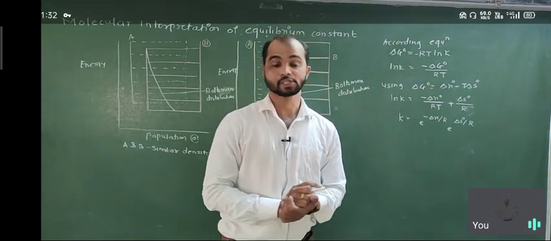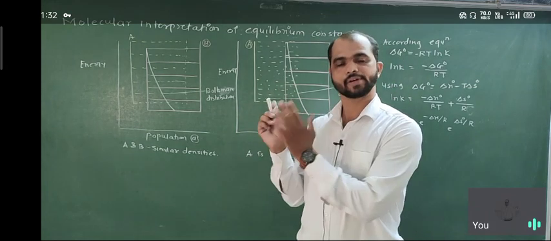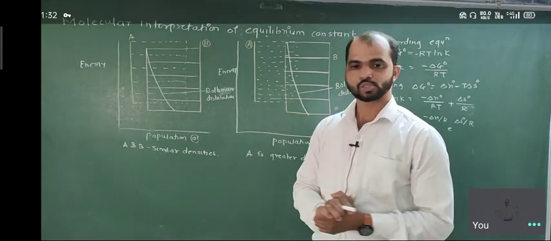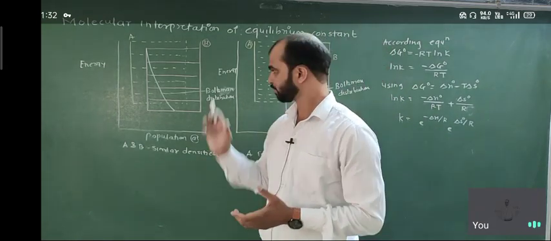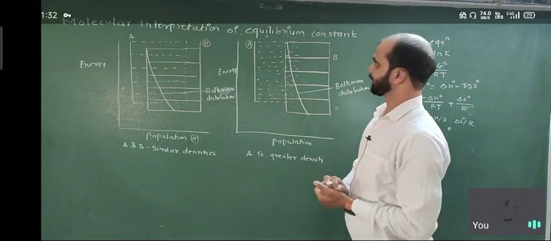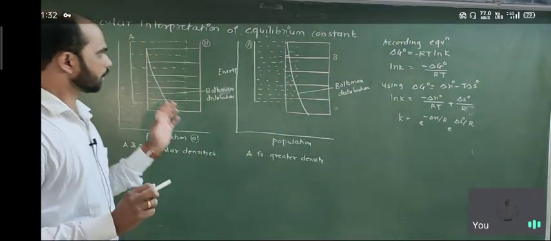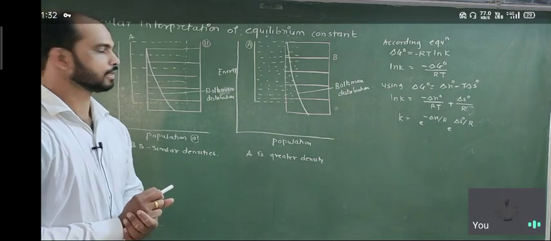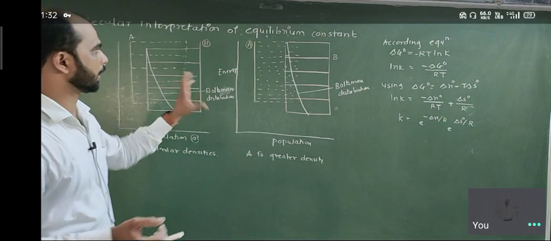The equilibrium point is temperature dependent; it is a function of temperature. So using the Boltzmann distribution concept, we can find the molecular interpretation of the equilibrium constant. The molecules are distributed over the available energy states.